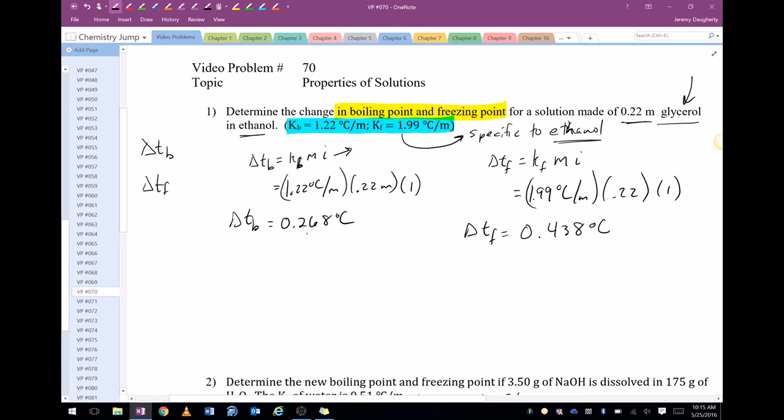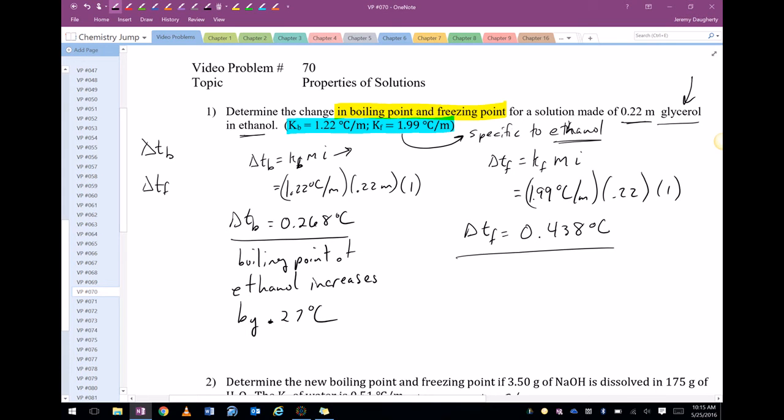Okay, so 0.27, 0.44. Now what this means is that the boiling point will increase, and we're talking about the boiling point of ethanol here, the solvent. It'll increase by 0.27 degrees Celsius.